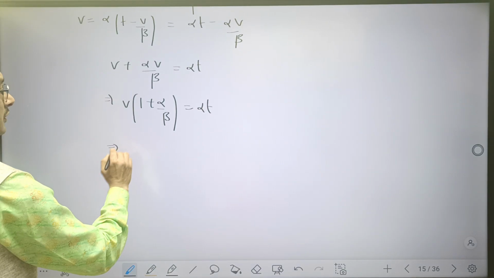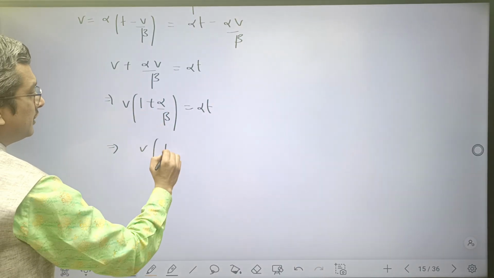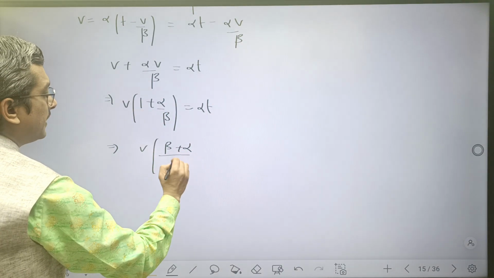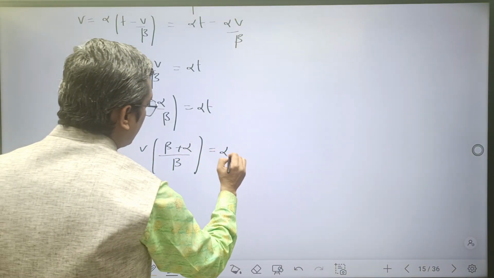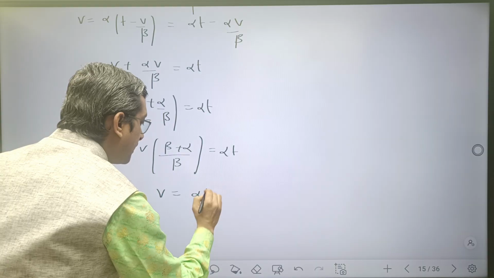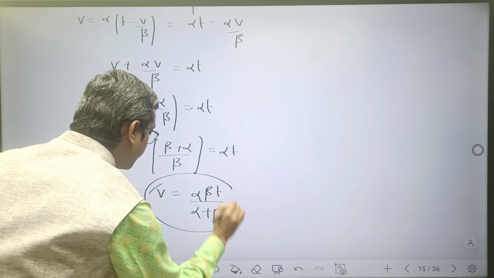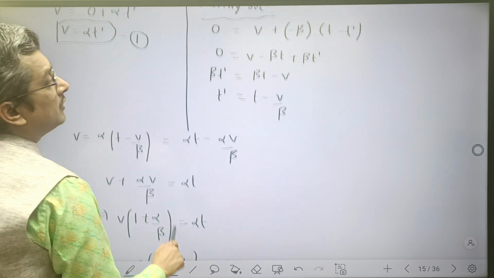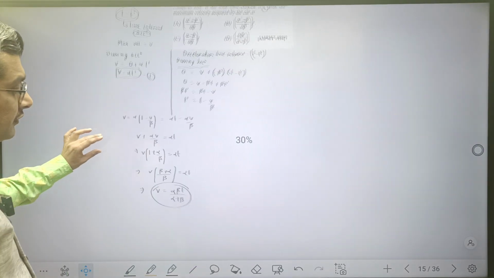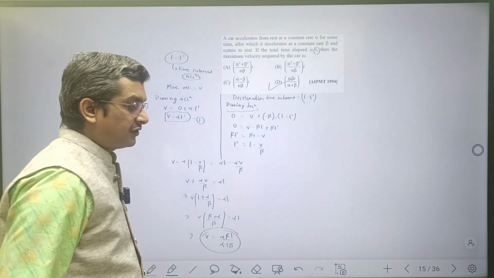So this will be beta plus alpha by beta, and finally we get v equals alpha beta t by alpha plus beta. So this is the expression for maximum velocity, isn't it? You can take its screenshot if you want. So the correct option is option D.